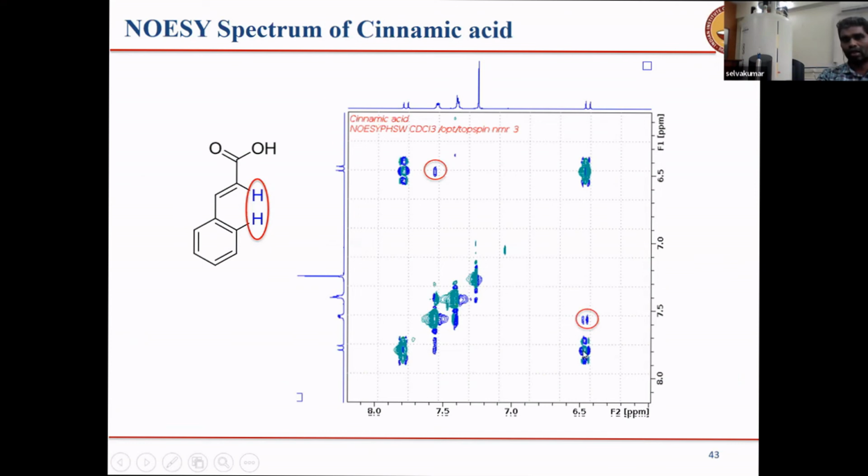These are the COSY interactions. These two are NOESY signals. Wherever the cross peaks are present, those protons are spatially close. It may be through bond, but it is within 5 angstroms. We'll get the cross peaks.